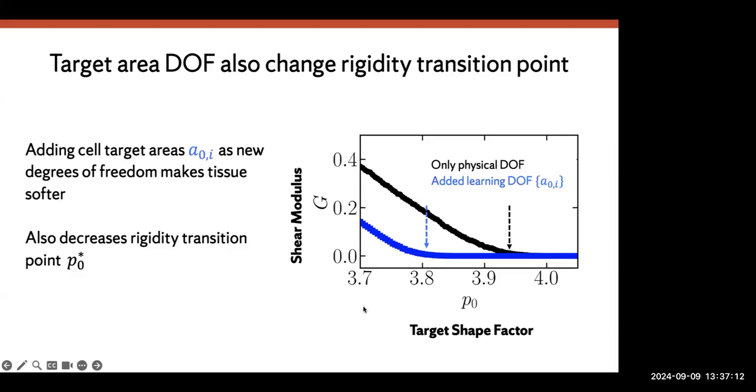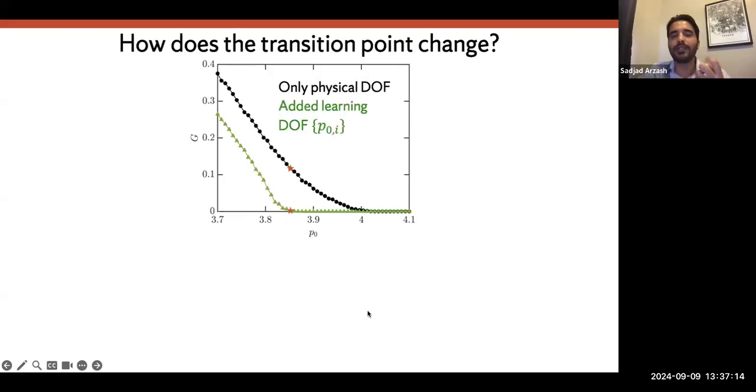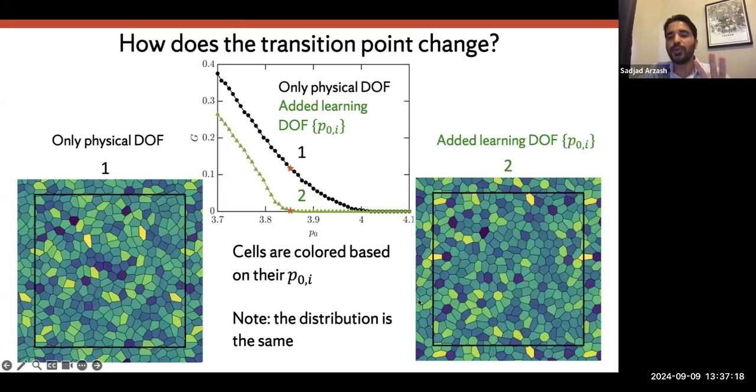So I want to also explain briefly why this is happening. For that, I'm just gonna show 2 snapshots of these tissues. So this is shear modulus versus average target shapes. The black one is the usual scenario. Nothing is added. It's just the vertices. We're just minimizing the elastic energy with respect to vertices. And the green one is after adding these shape factors.